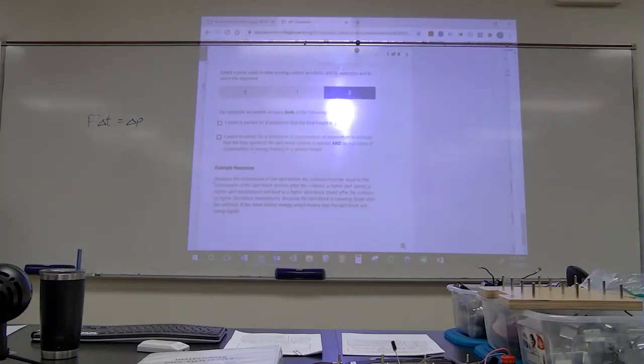If you want both points, you have to accurately include both of the following criteria. 1 point is earned for a statement that the final height is greater. If that's all you said, then you get one of the 2 points. 1 point is earned for a statement of conservation of momentum to indicate that the final speed of the dart-block system is greater, and an indication of conservation of energy leading to a greater height.